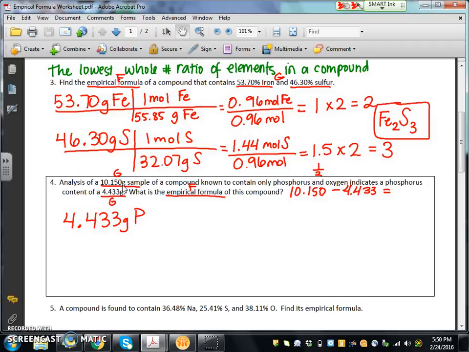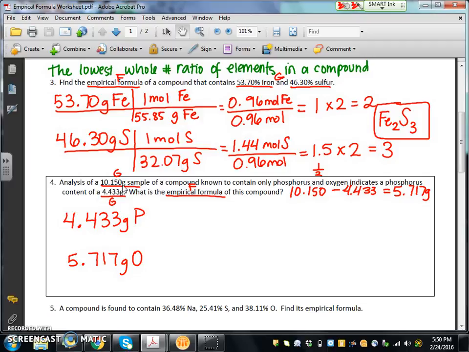So when I put that in my calculator and calculate the amount of oxygen I have, 5.717 grams of oxygen. So even though they did not come right out and tell it to us, they did give us the means to be able to calculate the grams of oxygen. So let's follow our same steps.